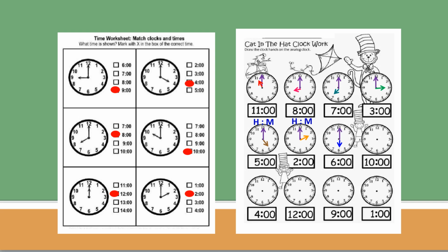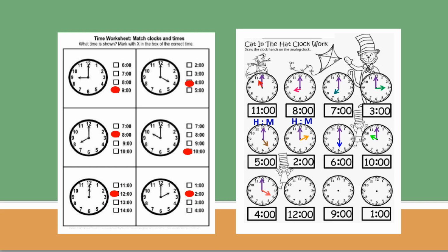10:00. 10 for hours, 00 for minutes. So the short hand points to 10 and the long hand points to 12. 4:00. The short hand points to 4. The long hand points to 12. Here 12:00. 12 for hours and 00 for minutes.